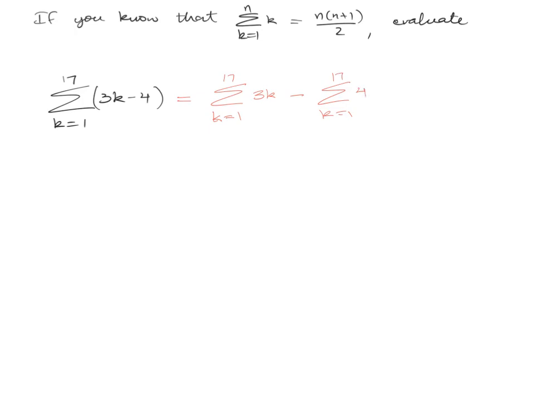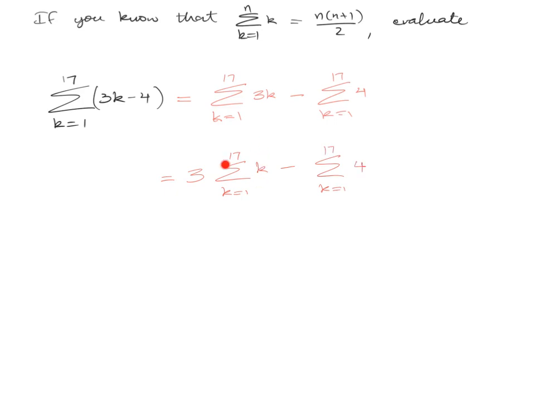Now I could also have written that as plus the sum of negative 4, but I'm just going to pull the negative out. Doesn't really matter. And then I also remember that if I've got 3 times some formula, I can factor that 3 out. That's another one of the formulas that I gave you earlier. So equals 3 times sigma k equals 1 to 17 of k minus sigma k equals 1 to 17 of 4.